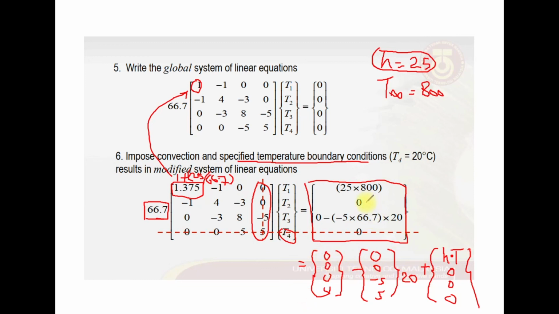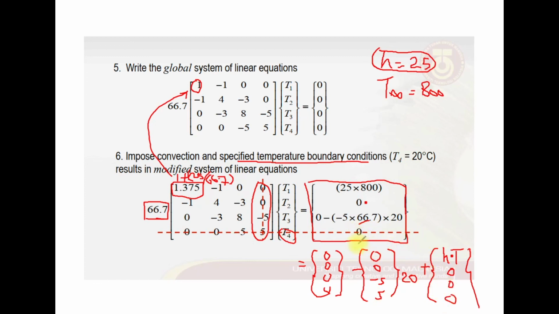For the third equation, we have 0 minus 5 multiplied by 20 and multiplied by 66.7, plus 0.